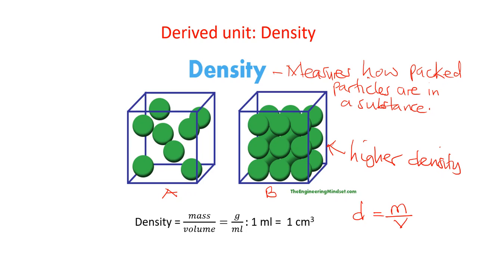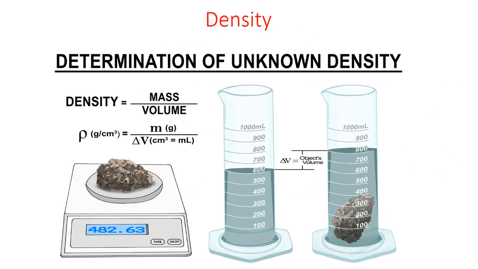How do we use this formula? Let's look at an example. If you want to determine density, as we already indicated, you need to know the mass and you need to know the volume. So you need to measure the mass.